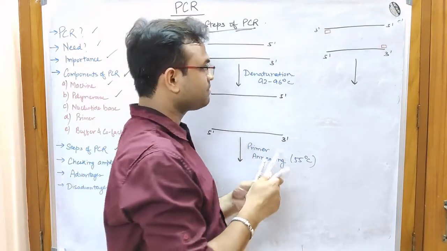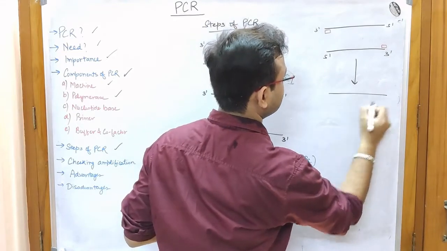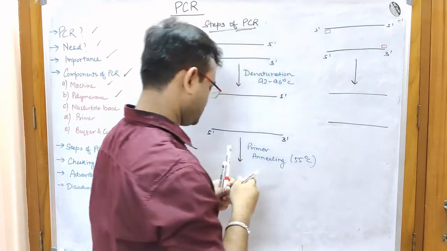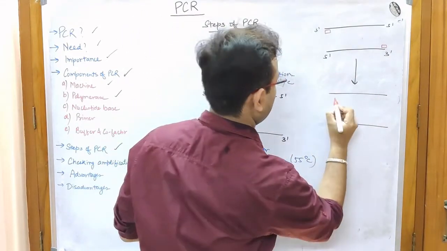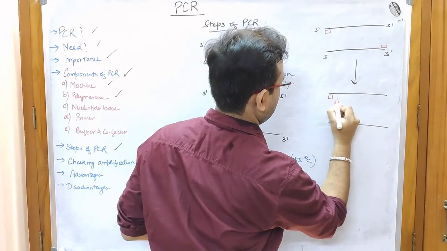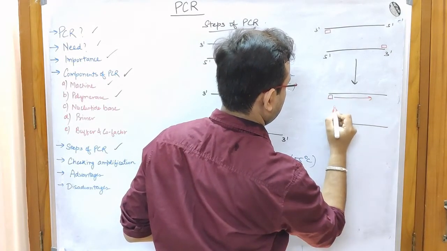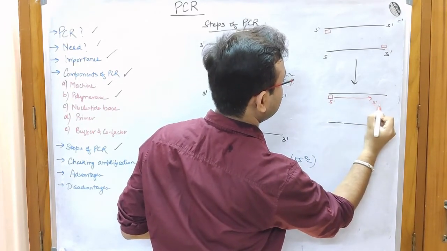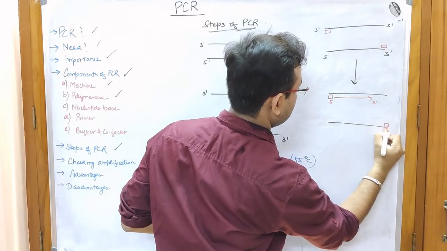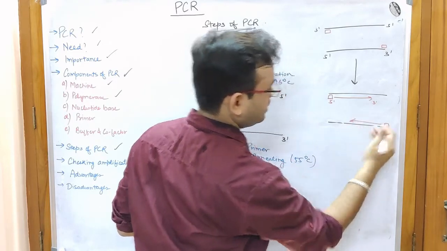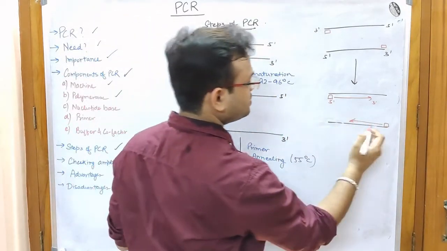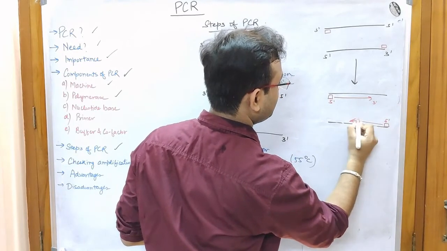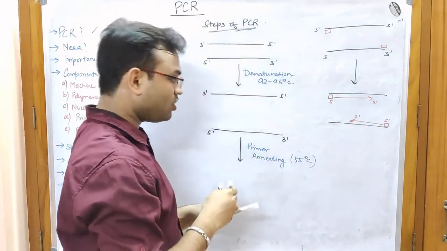So how will this take place? So this would be the 5' end and this would be the 3' end, and here this would be the direction of extension.